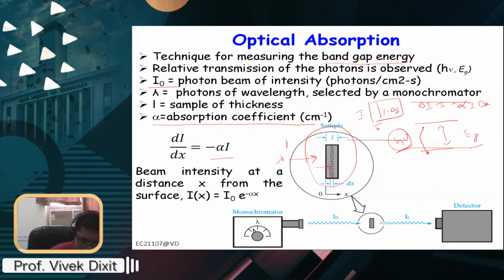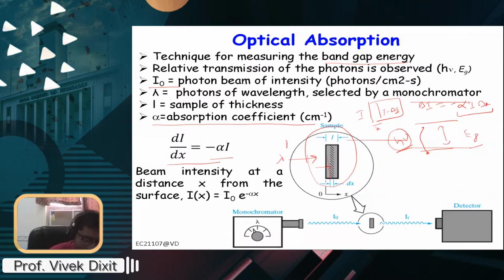So delta I is proportional to I times alpha delta x. So I is the intensity. Absorption depends on the intensity, and a fraction of that intensity will be absorbed, and that will be alpha dx, because alpha is the absorption coefficient per centimeter. So absorption will be alpha dx, right, times the intensity.